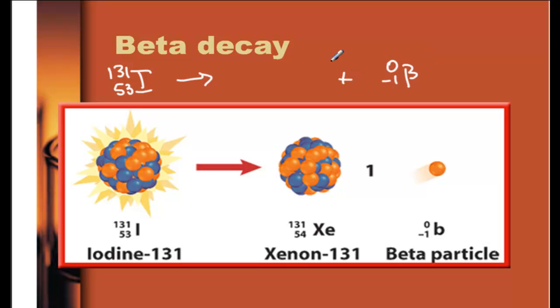So what plus 0 gives me 131? Well, 131. And what plus -1 gives me 53? That's going to be 54. On the periodic table, the element that has atomic number 54 is xenon. So xenon-131 is what is formed by the beta decay of iodine-131.